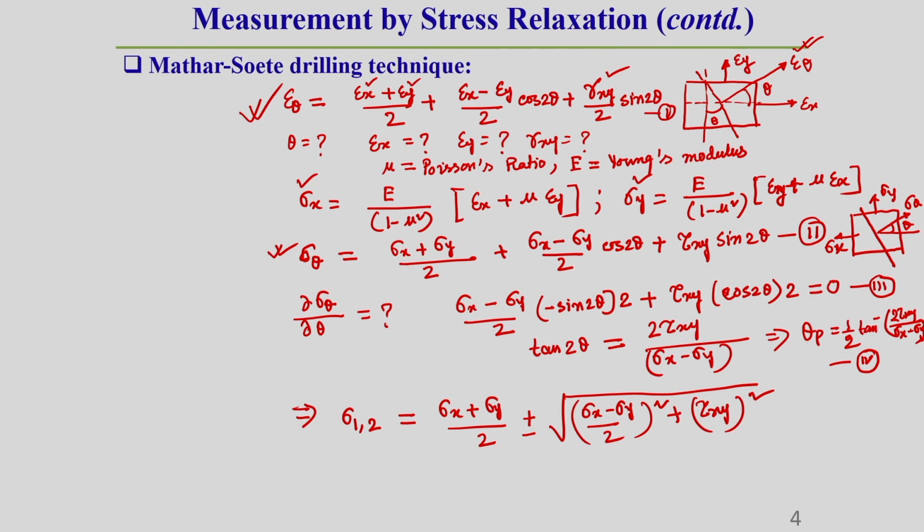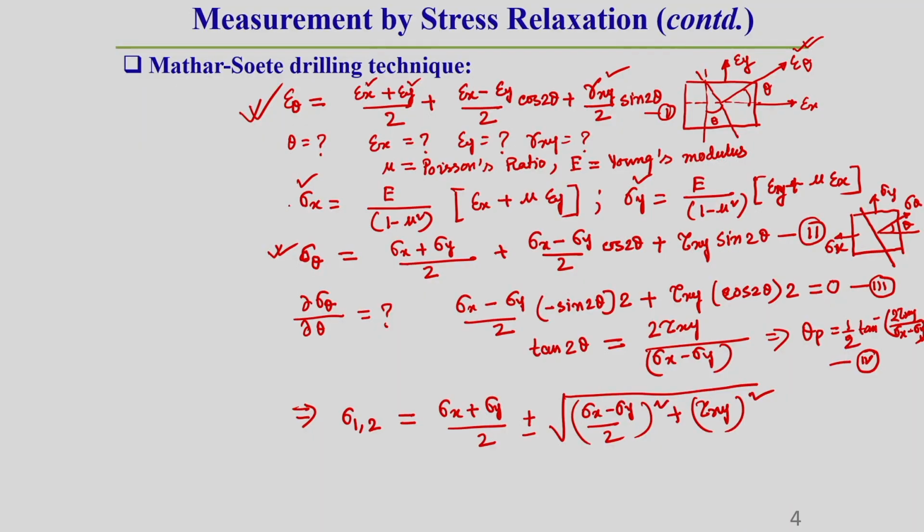Once we know this, and if we know the material's Young modulus and Poisson's ratio, which are material properties, and we know the relationship between sigma x and epsilon x, epsilon y and mu and E, which I have already shown here, we can find sigma x and sigma y. Once we find sigma x and sigma y, we can find sigma theta.